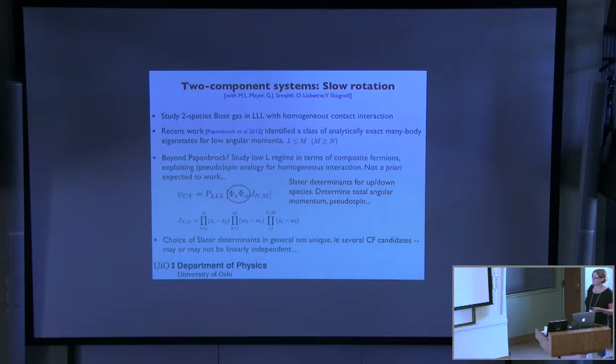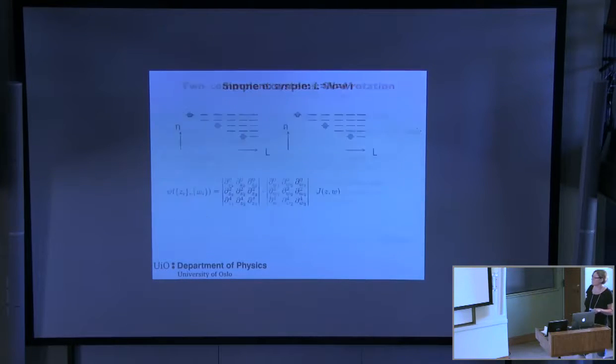And in particular, two very different looking pairs of Slater determinants, after you perform the projection, because somehow the derivatives conspire to cancel terms, end up giving you the exact same polynomial, or you may end up having linearly dependent ones. And that is something which is particularly pronounced in this low angular momentum regime, although it has also been seen in the actual quantum Hall regime. So let me give you a simple example.